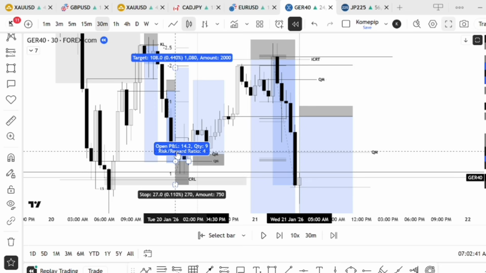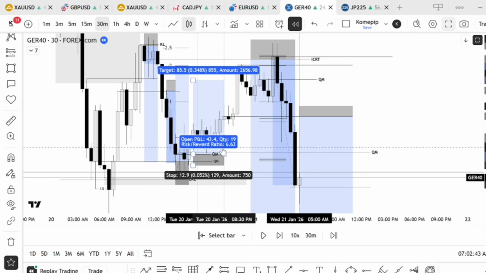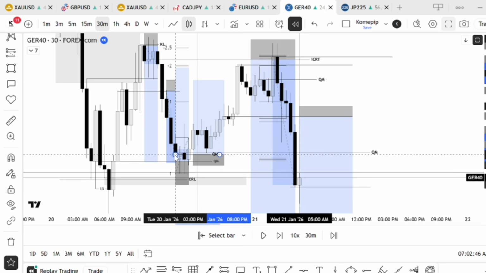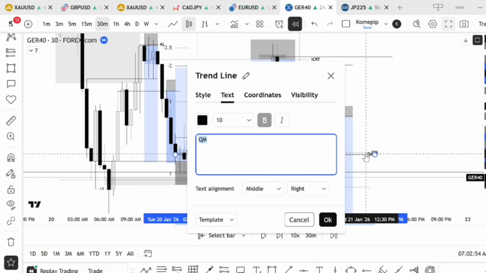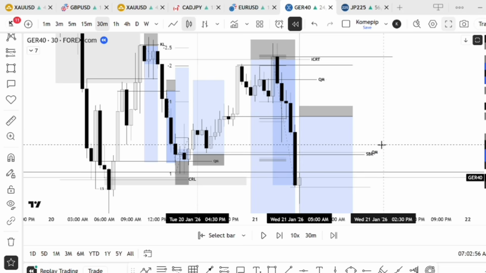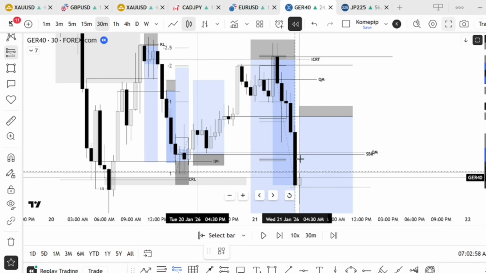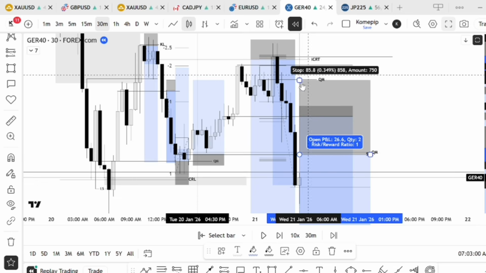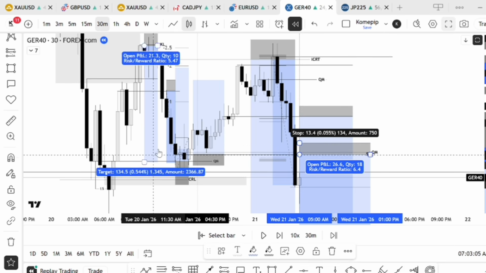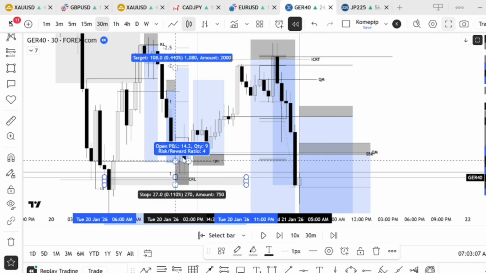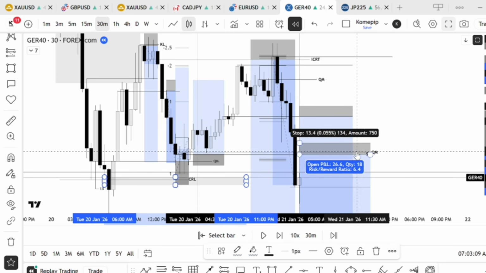And we also have a QM, and of course even multiple. See this QM, the QM that was not tapped earlier, so this is no longer a QM. Okay, this has become an SBR. So we have two levels there, so we could potentially enter from there, and our stop loss above this, because this is the candle we're using to frame the stop loss.